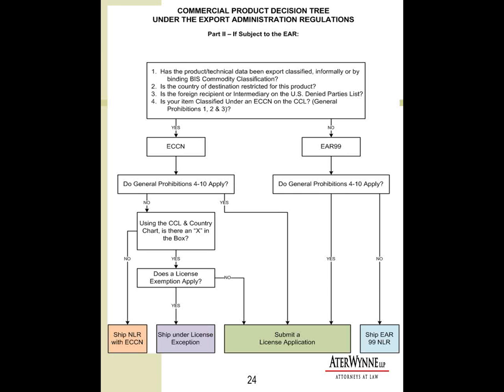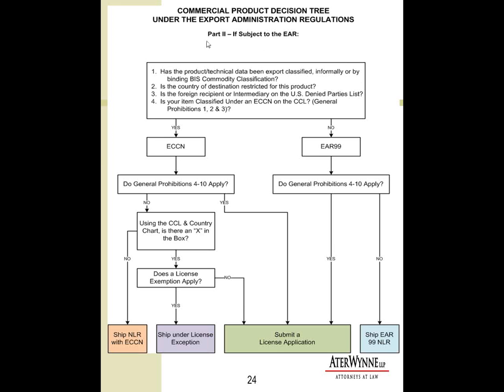If I'm clear of those, what are called general prohibitions, and there are 10 general prohibitions in section 736 of the Export Administration Regulations, if we're clear of those 10 prohibitions, can we go ahead and ship without a license?